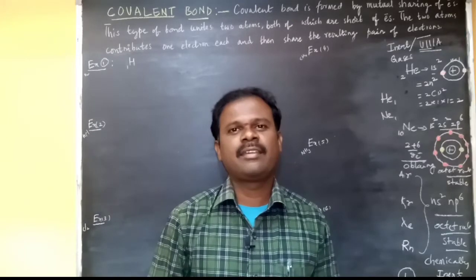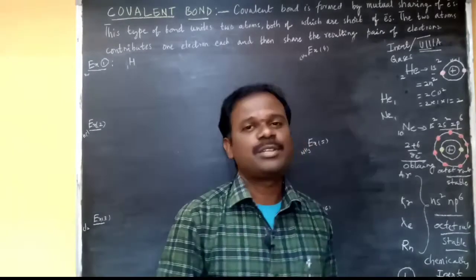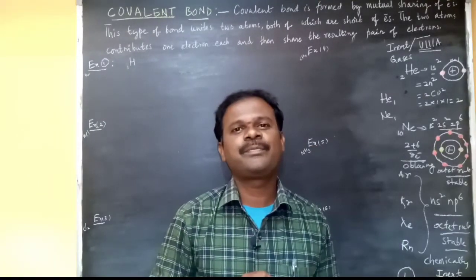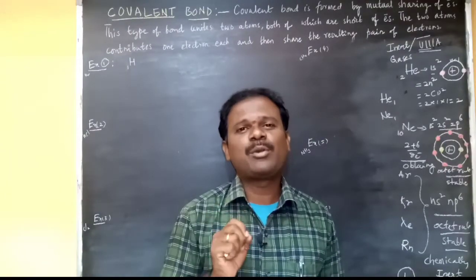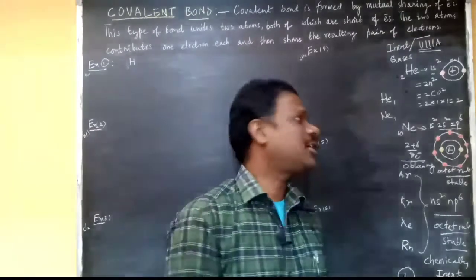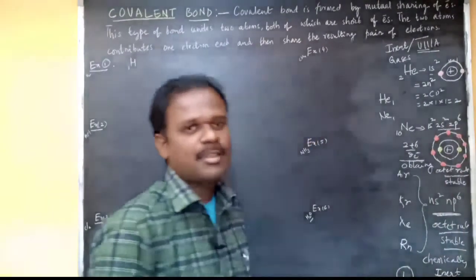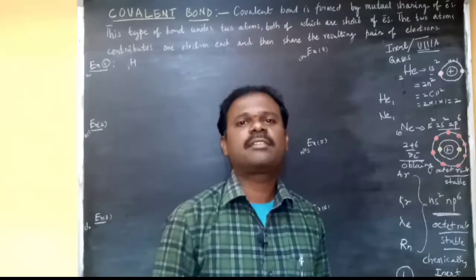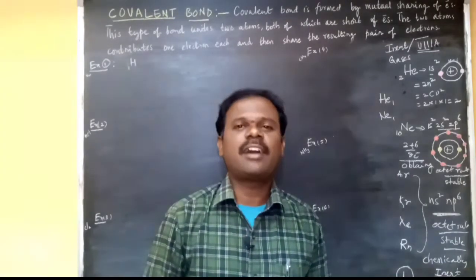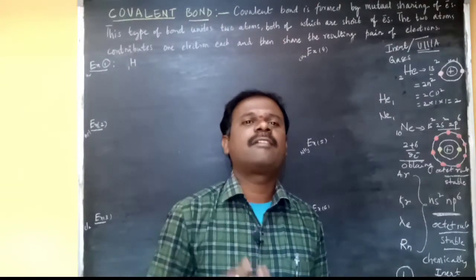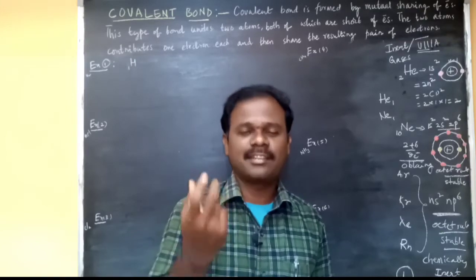So why are we talking about such stable inert gases? The rest of the elements have a tendency to attain this ns2 np6 electronic configuration by the loss of electrons, by the gain of electrons, or by the sharing of electrons. In the ionic bond, the electrovalent bond, transfer of valence electrons takes place.